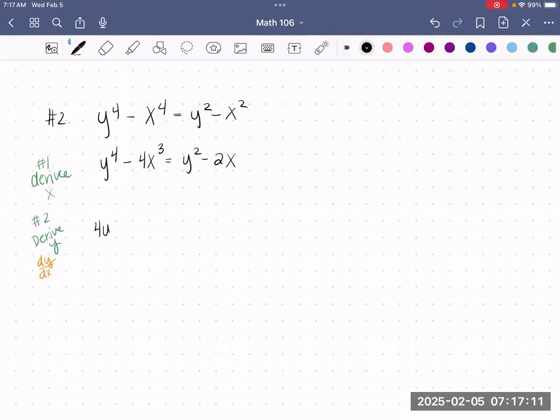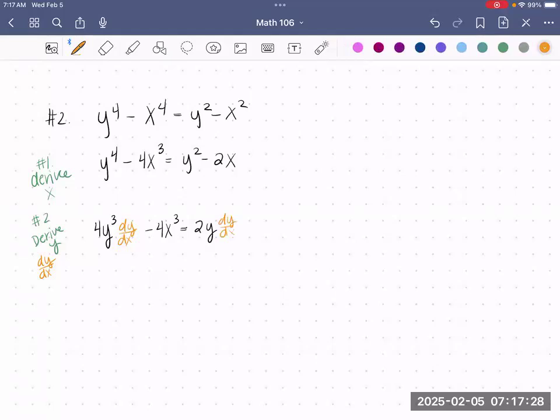So we have 4y to the 3rd, finish deriving my y, add dy dx, minus 4x cubed is equal to 2y, finish deriving my y, dy dx, minus 2x. Last step, solve for dy dx.